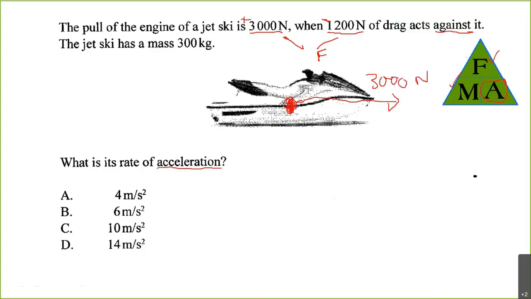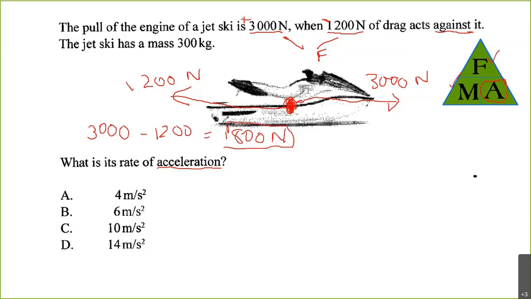And the drag in the opposite direction is 1,200 newtons. So the resultant is going to be 3,000 minus 1,200, which gives us exactly 1,800 newtons. Okay? So the total force or the resultant.